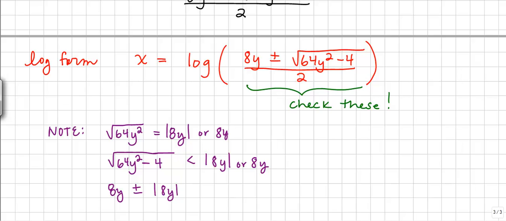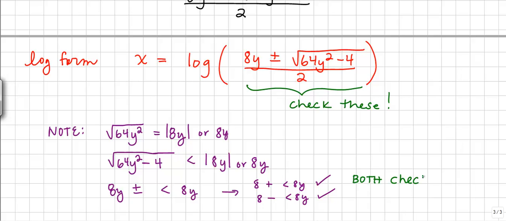And think about this here. So you're basically saying you've got 8y plus or minus something that is smaller than 8y. Alright, well, you know that 8y plus something smaller than 8y is okay, that's positive. But 8y minus something smaller than 8y, well, that's okay too. That's still positive. So they both check. But you don't assume that they both check. Please always check. Okay? So this entire expression is our final answer.